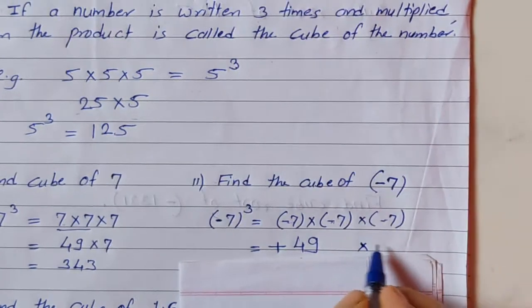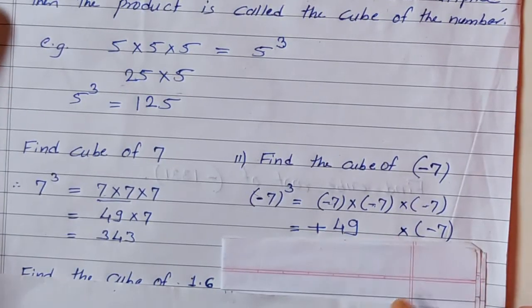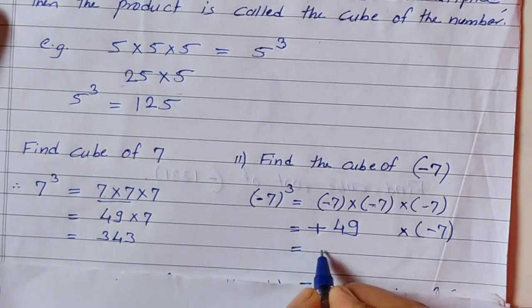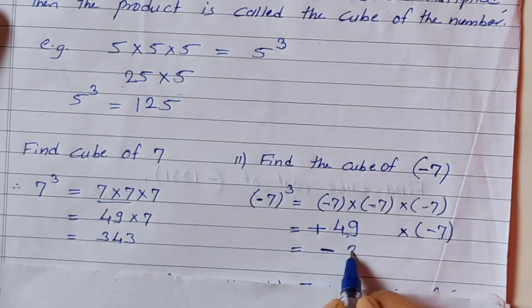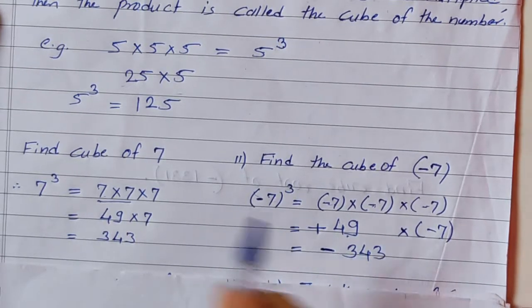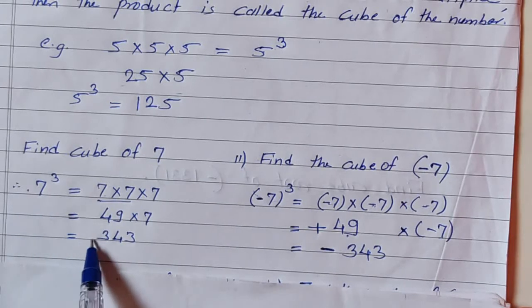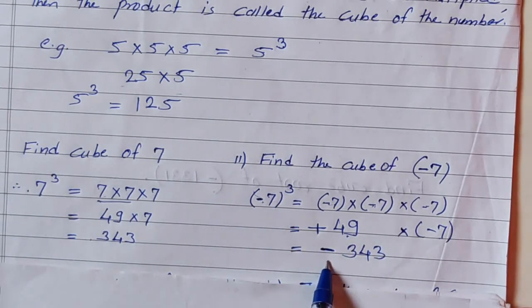Take the next -7. Now multiply the symbol: plus into minus is equal to minus. And the multiplication of these two numbers is equal to 343. So always remember that the cube of a positive number will be positive and that of a negative number is negative.